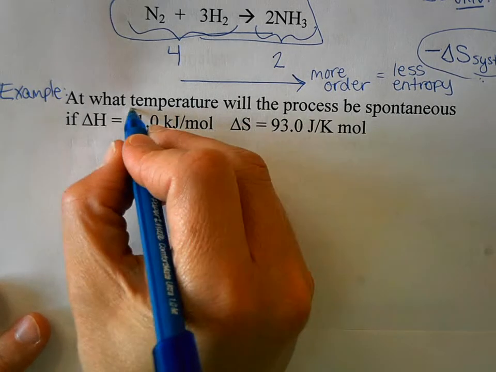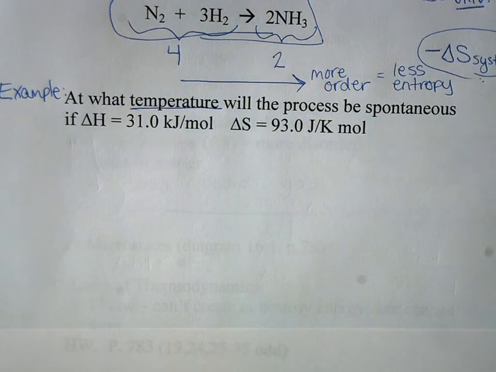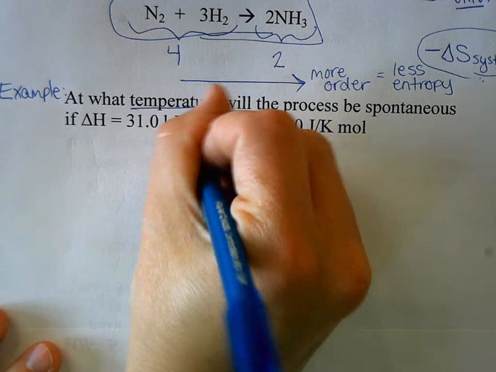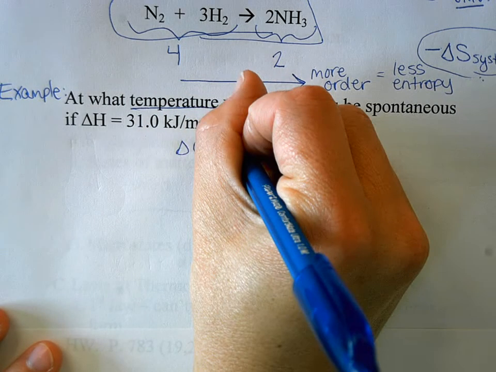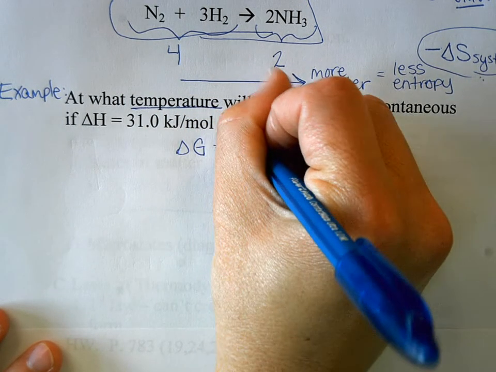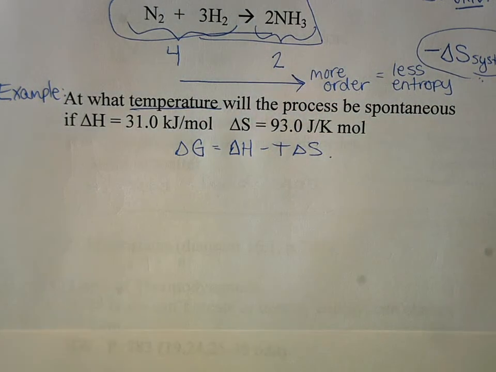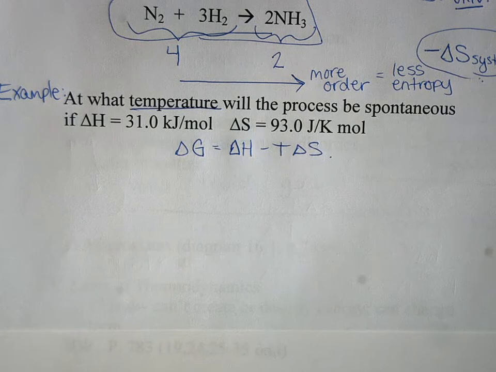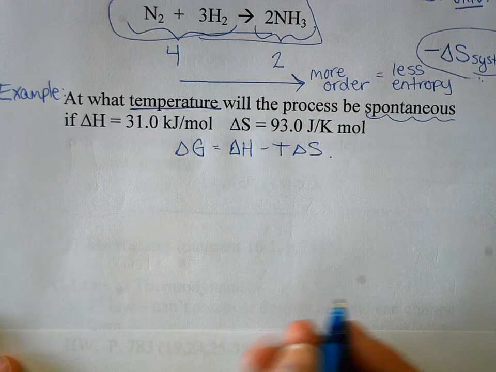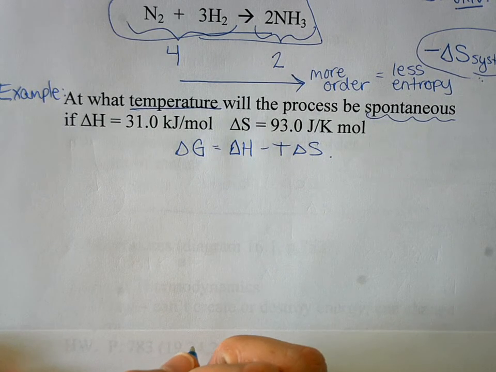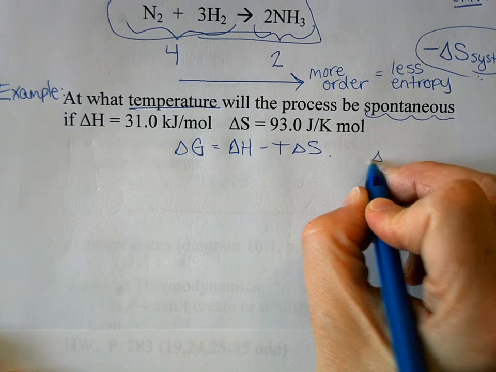So the math part of that is easy with my equation, delta G equals delta H minus T delta S. I'm looking for T again, and I'm given delta H and delta S. Something you need to recognize when you're doing this problem is that for it to be spontaneous, delta G is negative.